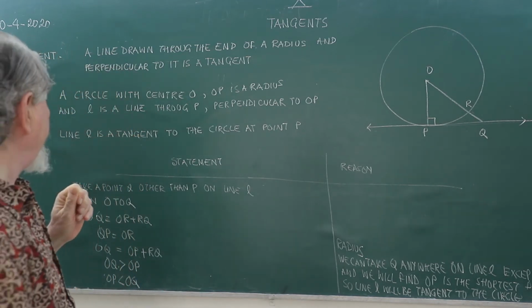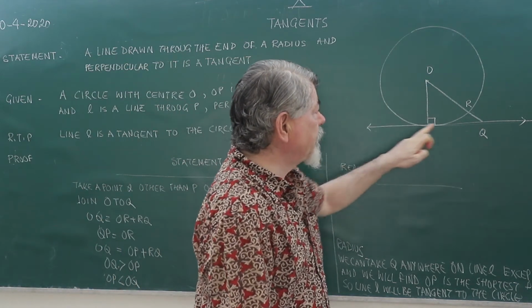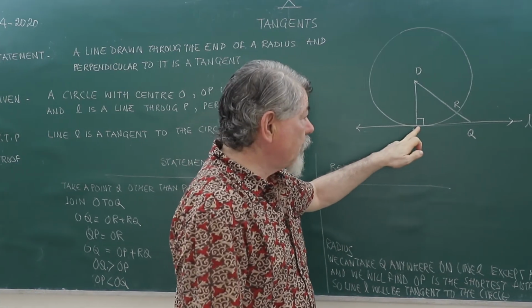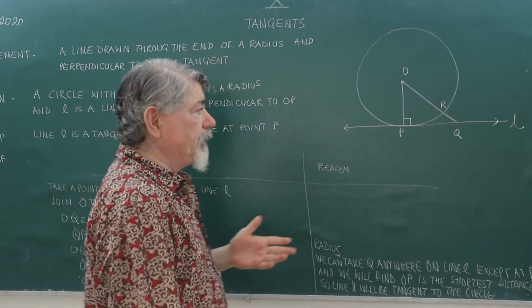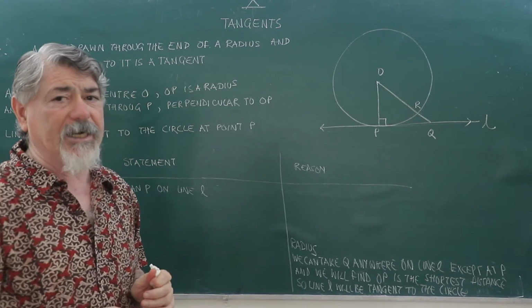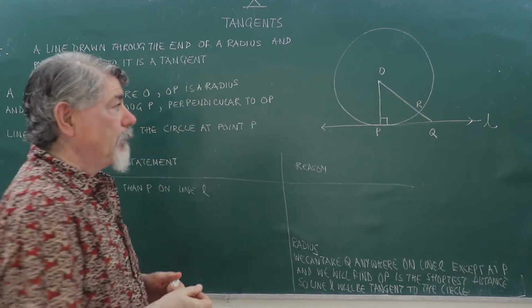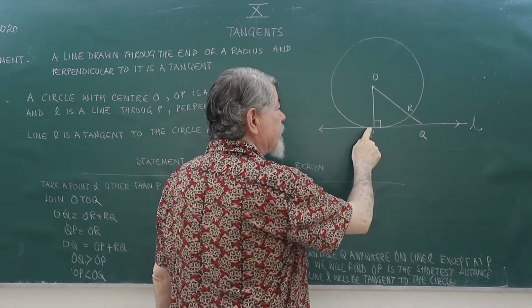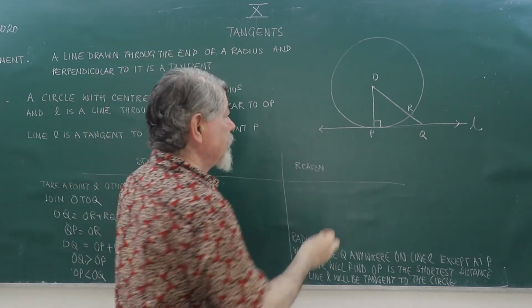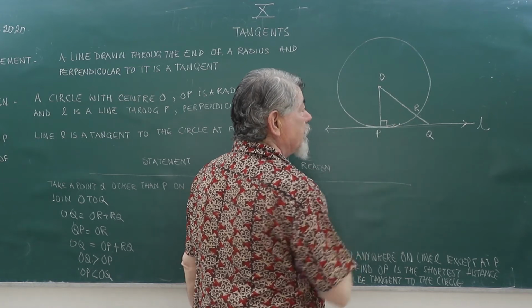Now, I have taken any point Q on the line L, other than P; you can pick any point. This point Q will be somewhere outside the circle, because only point P is on the circle, where this line is touching.